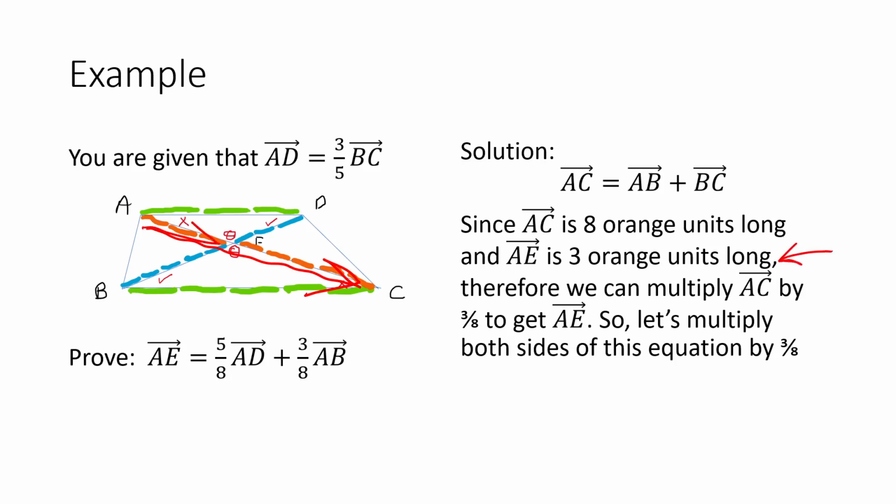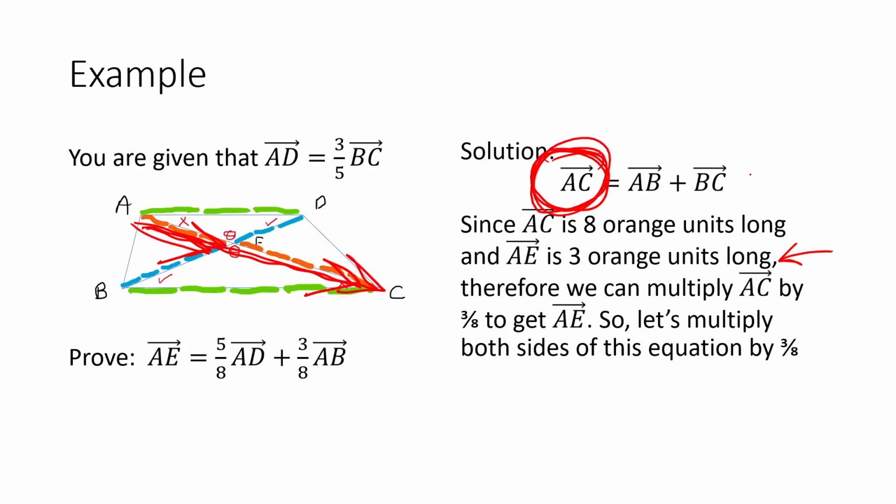AE is in the same direction, but it's only 3/8 as long. So we can simply take this AC and multiply it by 3/8 to get AE. In other words, this is AC, 8 units long. This is AE, 3 units long. Multiply this AC by 3/8 and you'll have AE.